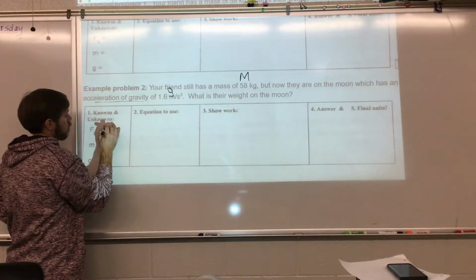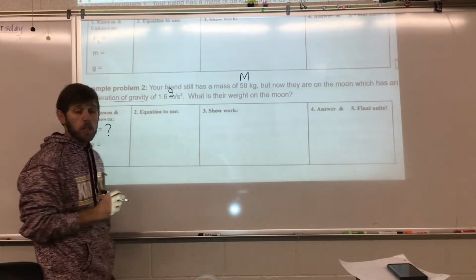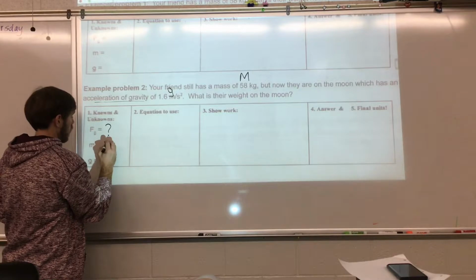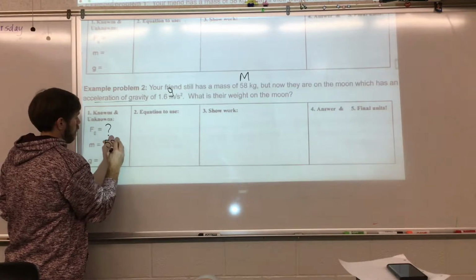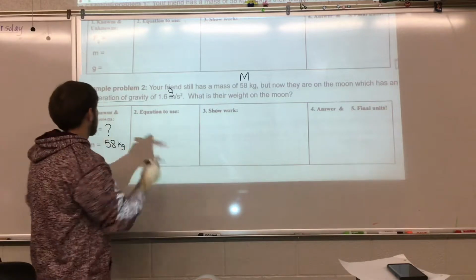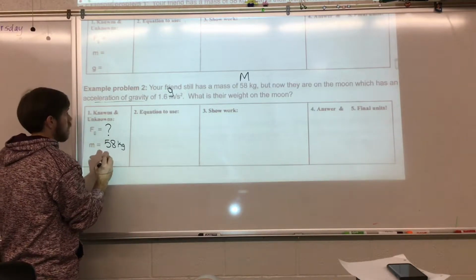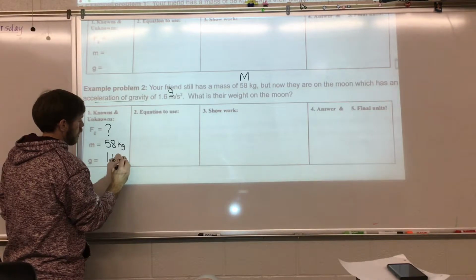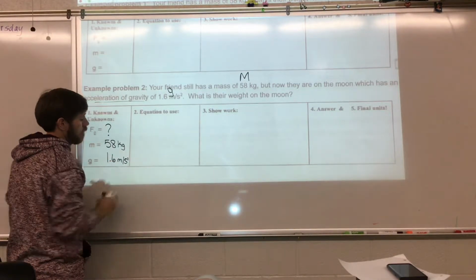So once again, we're searching for weight. So we can put a question mark there because we're unsure of it. Then if we go to our mass, it is 58 kg. The acceleration of gravity is going to be 1.6 meters per second, oopsies, squared.